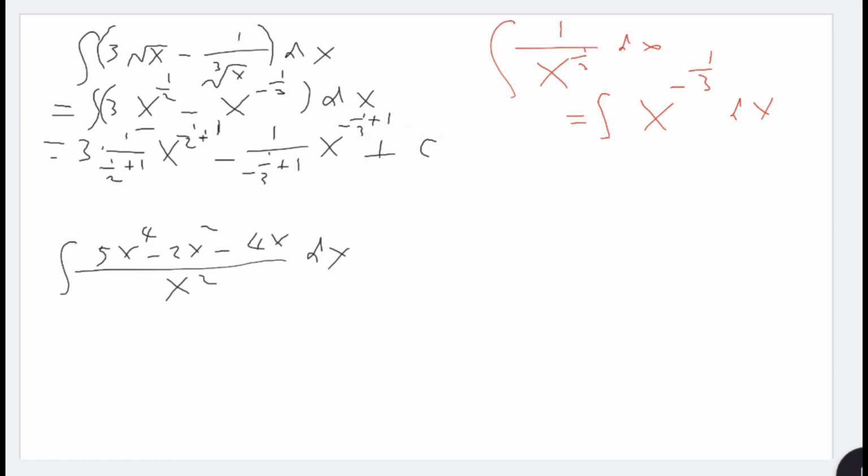So this basically is integration done. You can simplify it more. Let's see, 1/2 plus 1 is 3 over 2.